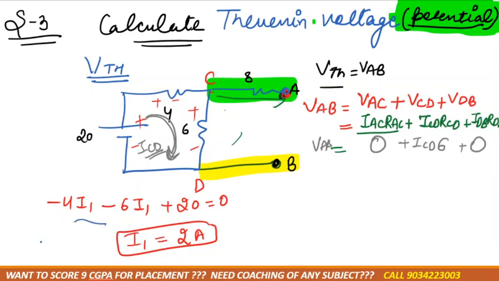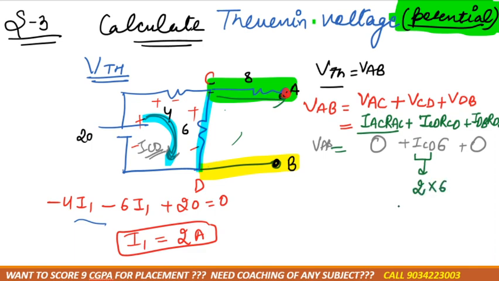We need to solve it now. Solve it. One thing you need to remember: you are moving from C, then the current from C. In whichever direction you are moving, the current should move in the same direction. So after this, we'll get ICD as 2 ampere.